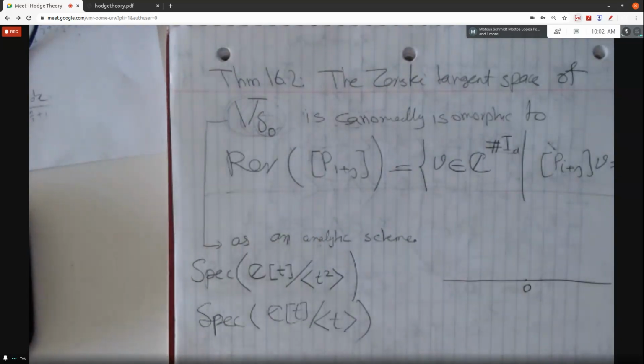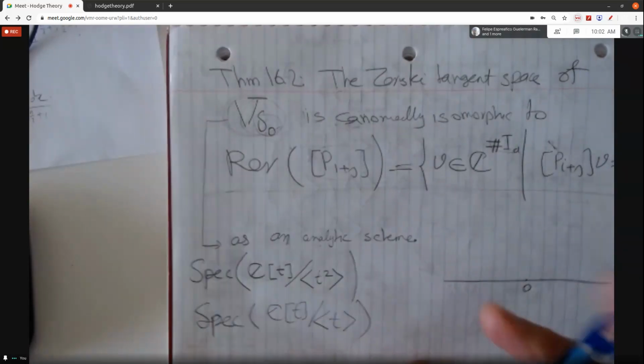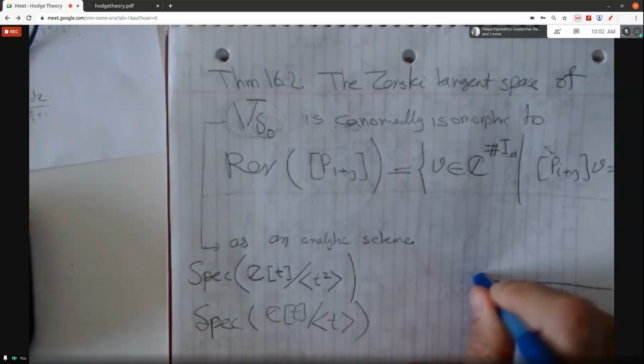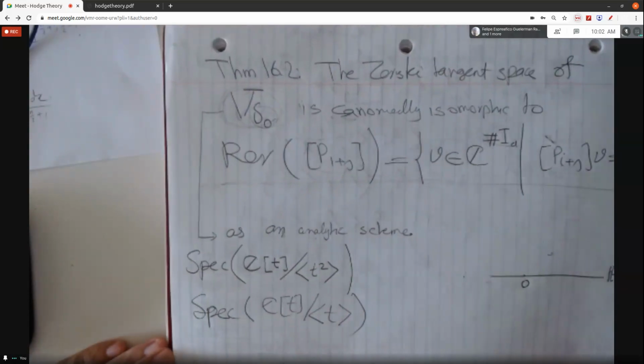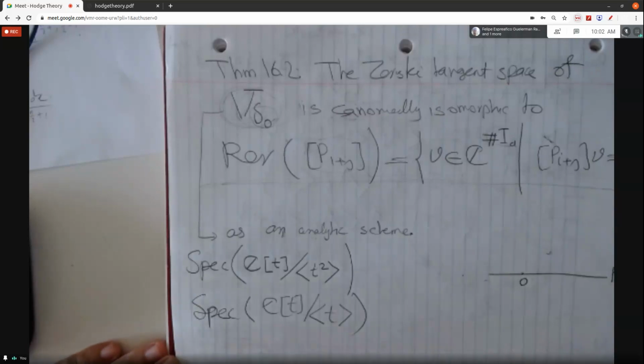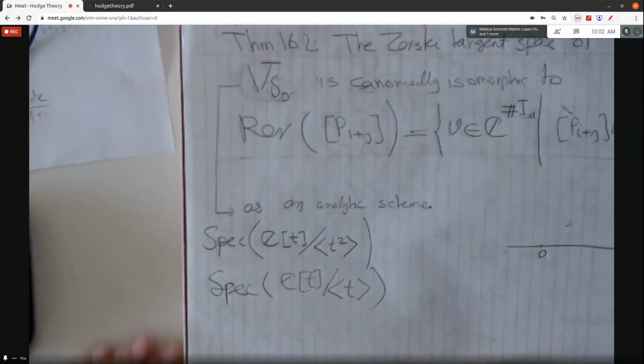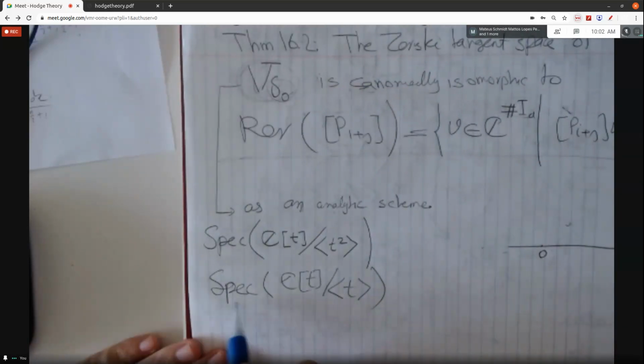So here we have two schemes. Okay. So what are the tangent spaces at t equal to 0? Felipe or Mateus, if you have done it, the second one is just a point, right?